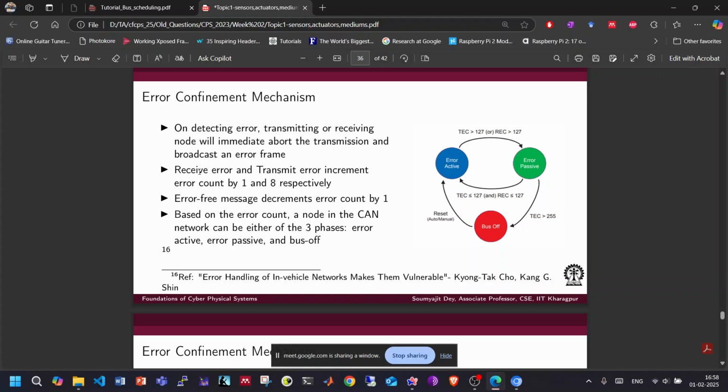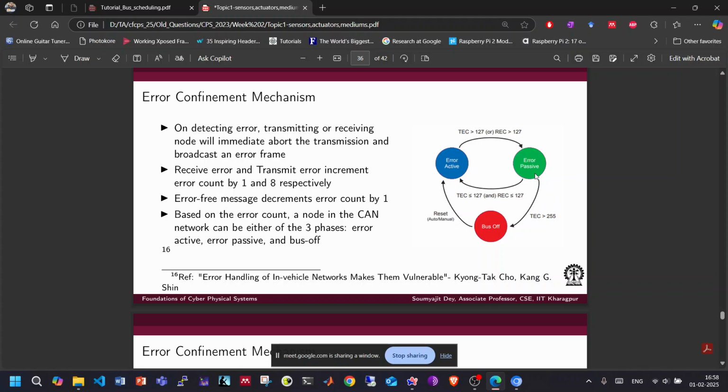When you are receiving an error-free message, if the error count is higher than 0, it decreases by 1, and if you are transmitting wrongly, you increase the error counter by 8. Like this, when you cross 127, you go to error passive mode. There you are not prioritizing the error anymore. You are sending errors as recessive bits.